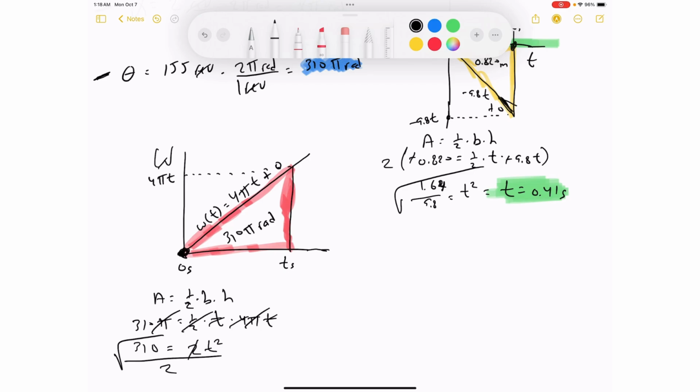And you're left with t equals the square root of... well, if we go back a little bit, what's 310 divided by 2? It's 155. So t equals the square root of 155, which happens to be 12.45.